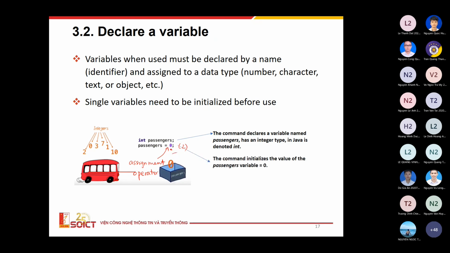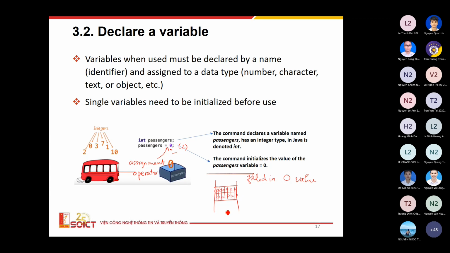Okay, and this statement will initialize the value of the passenger variable to 0. So after this statement, the box which is already allocated to passenger will be filled with the 0 value. Okay, so every 32 bit here is 0.